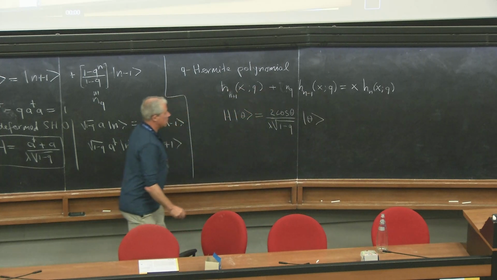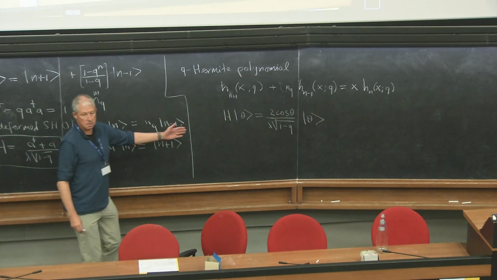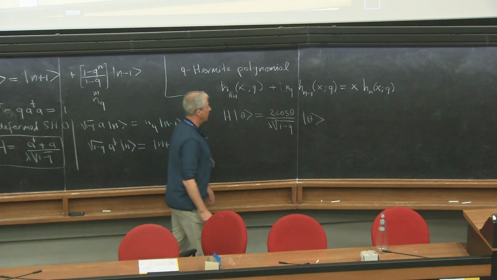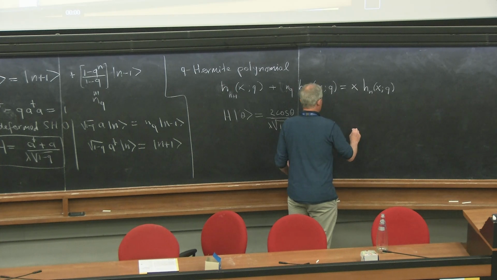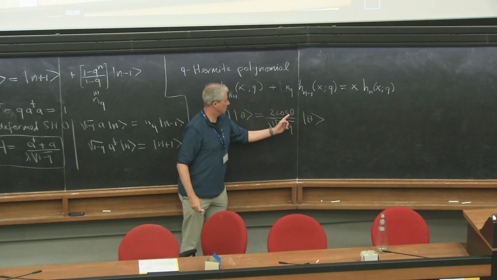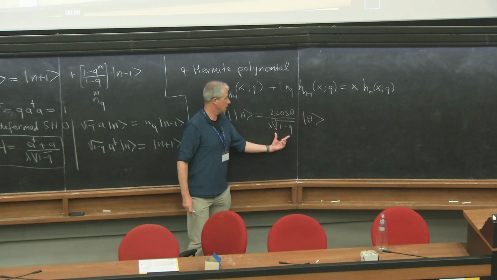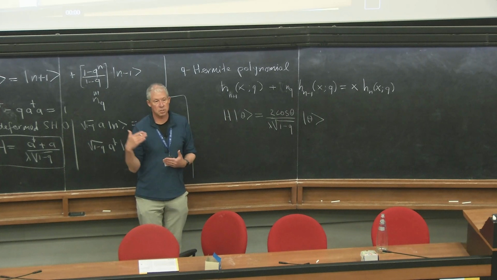I claim that the spectrum of the theory is going to be given by this. So the energy eigenvalues: this quantity, 2 cosine theta divided by this thing, is the analog that for the harmonic oscillator would be just the position operator.